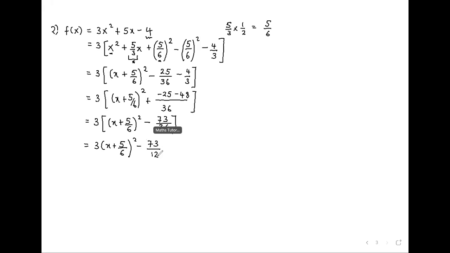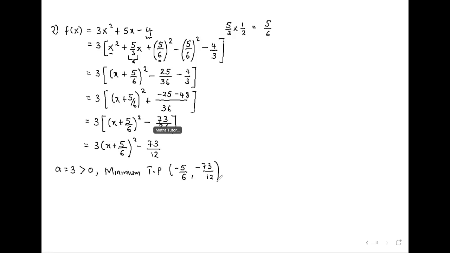Then we say, as we want to sketch, a is equal to positive 3, which is bigger than 0. So we have a minimum turning point at negative 5 over 6, comma negative 73 over 12.